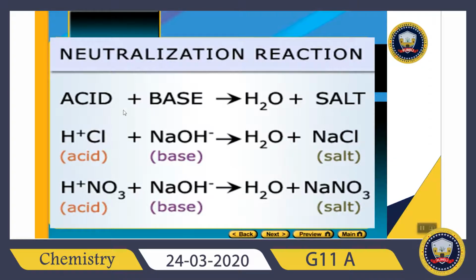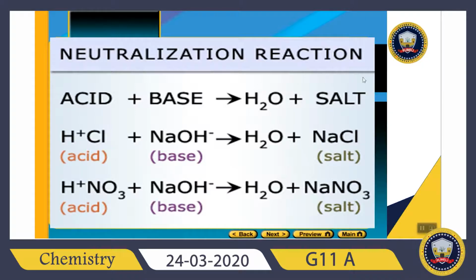The second case, if we react weak acid and weak base, what will happen? The same as the first case. If we have weak acid and weak base, the degree of ionization will be the same.